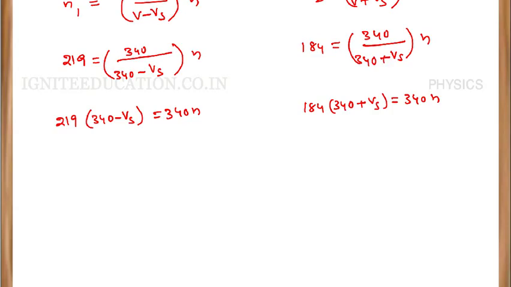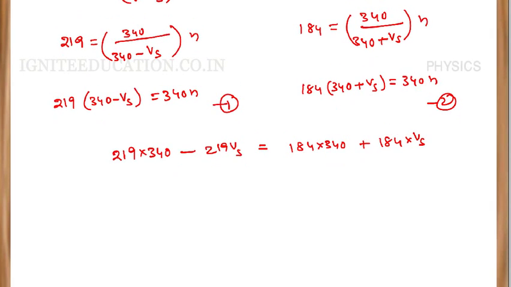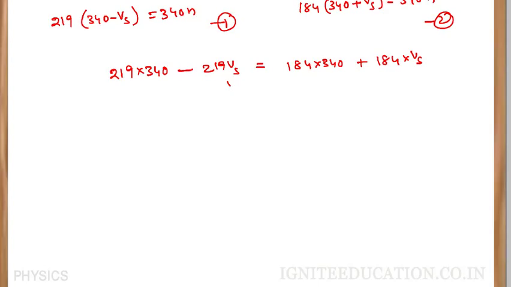If you equate these two equations 1 and 2, you will get 219 into 340 minus 219 vs is equal to 184 into 340 plus 184 into vs. Now I am bringing this vs to one side and the numerical to the other side.